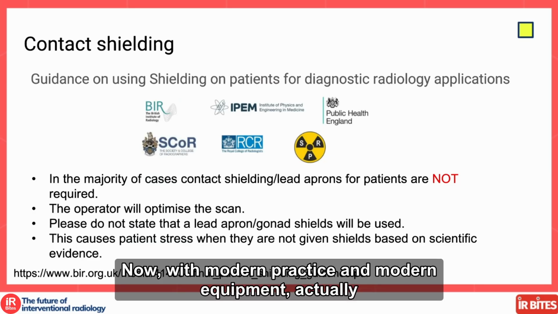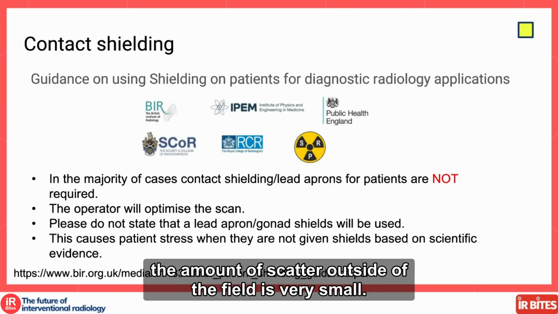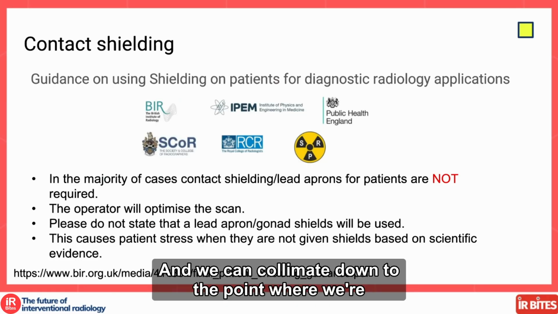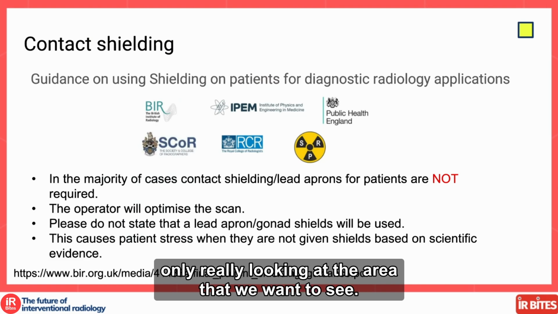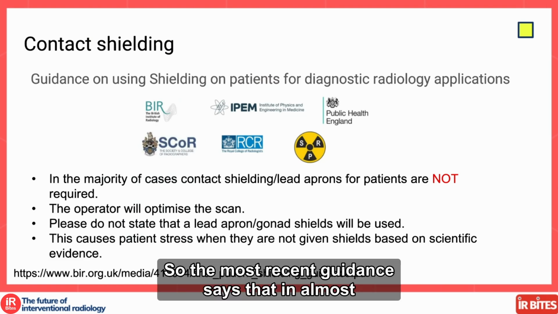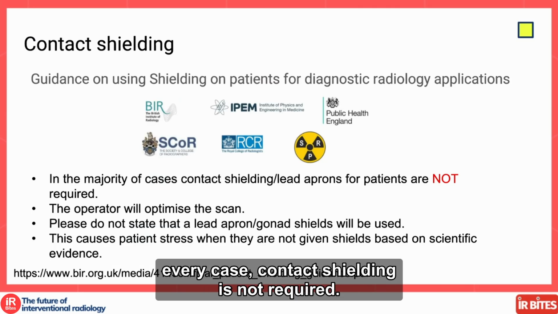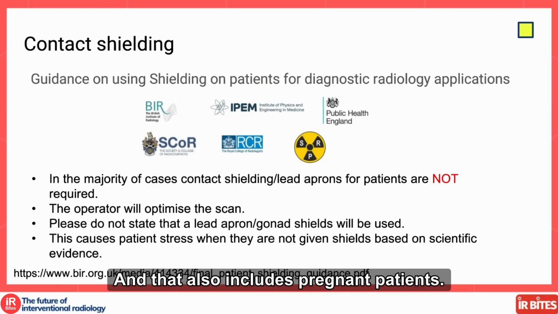Now, with modern practice and modern equipment, actually the amount of scatter outside of the field is very small, and we can collimate down to the point where we're only really looking at the area that we want to see. So the most recent guidance says that in almost every case, contact shielding is not required, and that also includes pregnant patients.